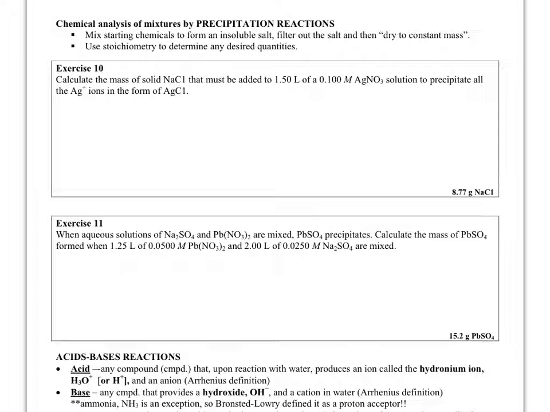You dry it to a constant mass. That was, I believe, part A of that quiz. How does the student know that it was sufficiently dry? It's because the mass stayed constant or relatively constant. And then once I have the dry mass, I can put it on a scale to figure out how much it weighs, and I can use that with my stoichiometry to determine any desired quantity in that balanced chemical equation.